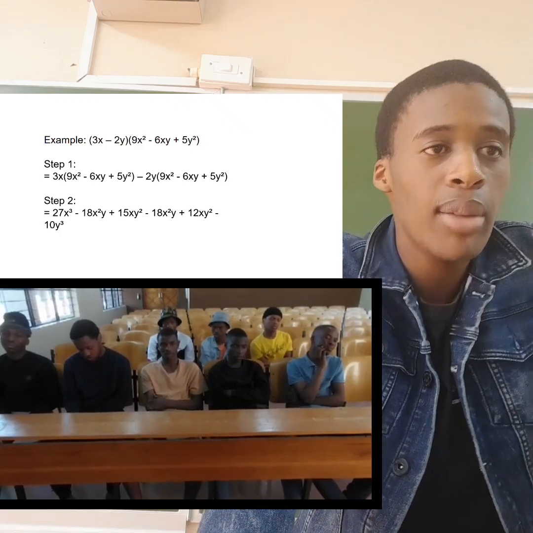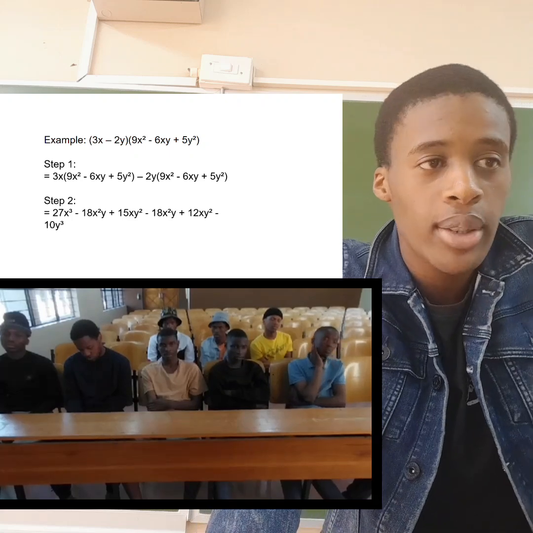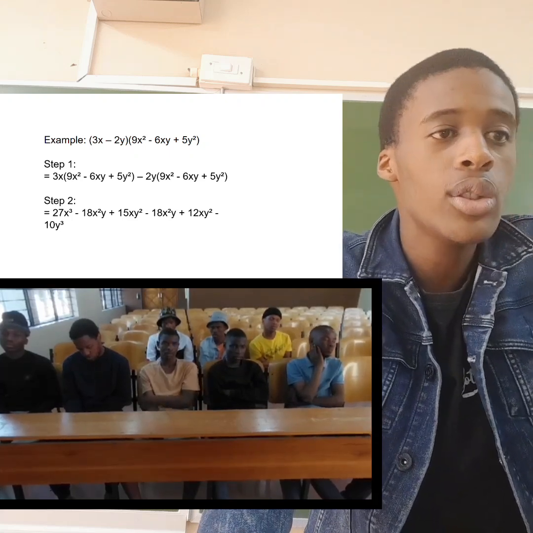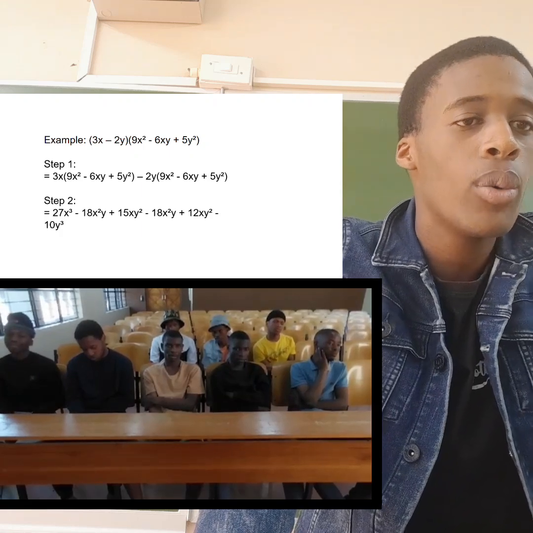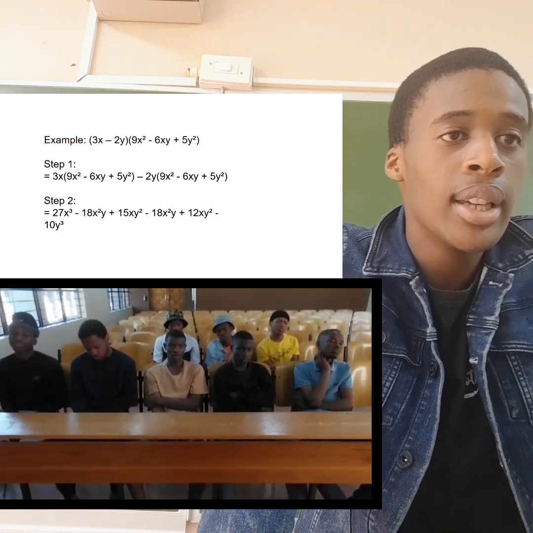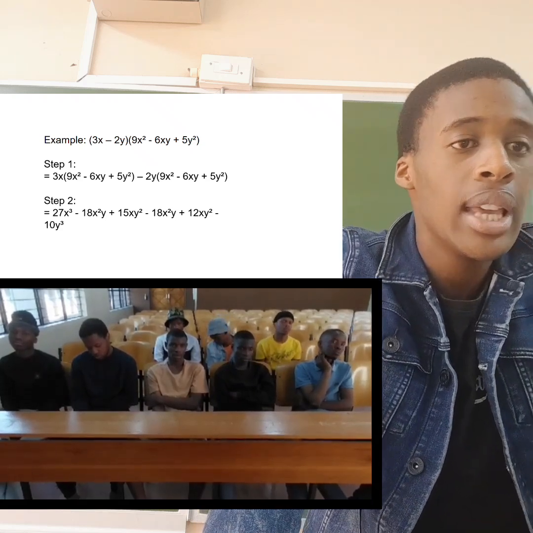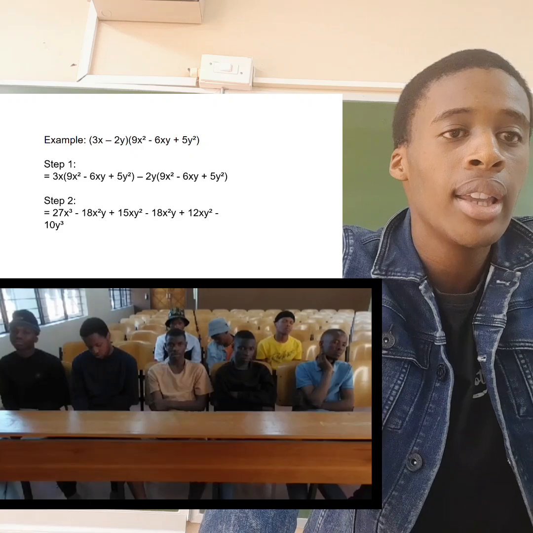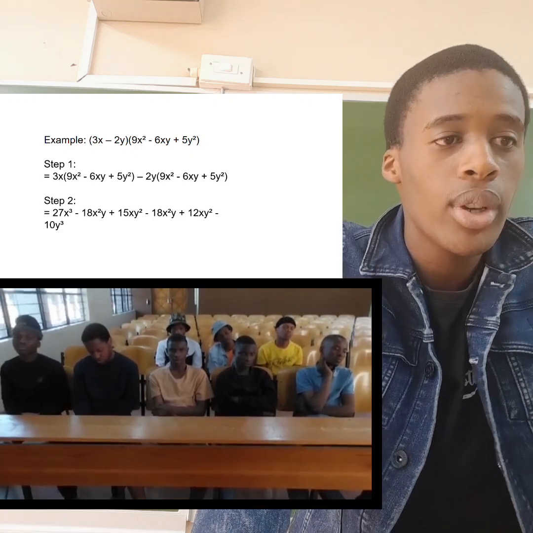We take the first term of the binomial and multiply it with all the terms of the trinomial. So it's going to be 3x into 9x squared minus 6xy plus 5y squared. Then we take the sign of the second term of the binomial, which is 2y, and it is negative. So we're going to say negative 2y multiplied by 9x squared minus 6xy plus 5y squared.